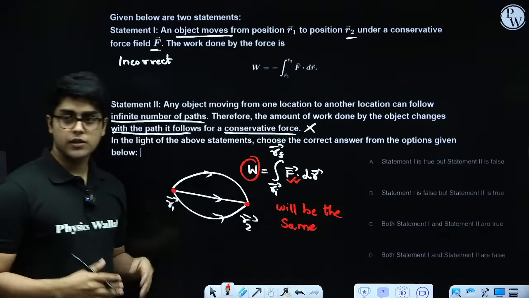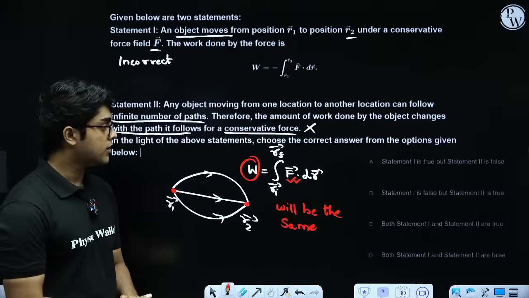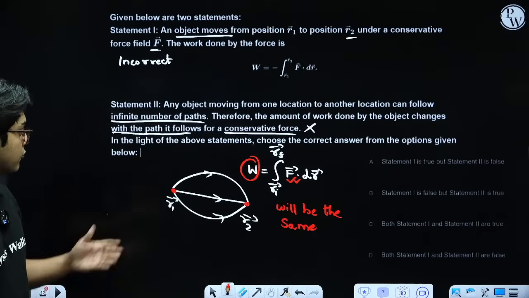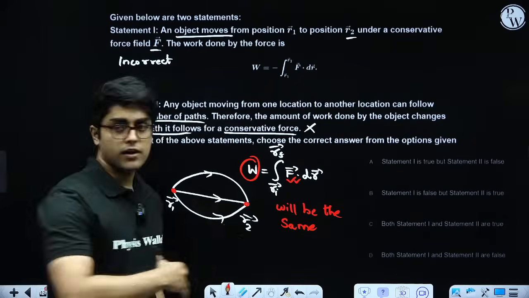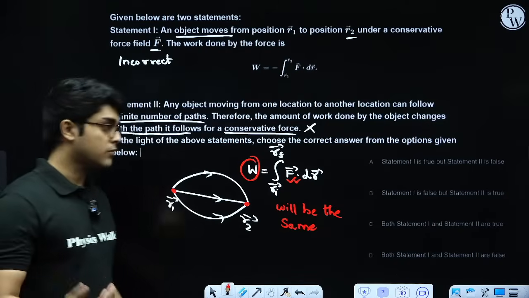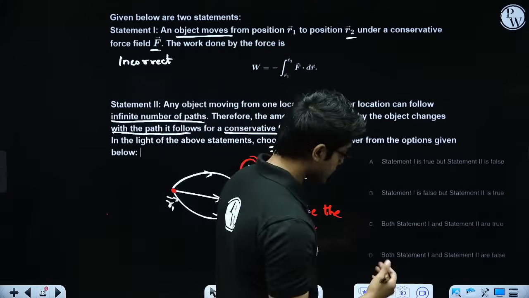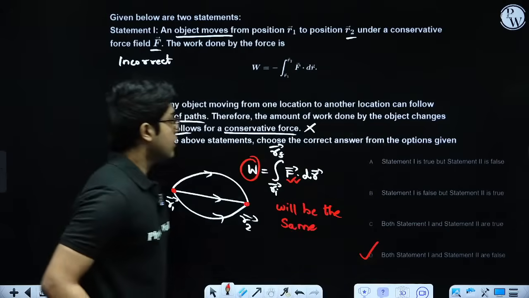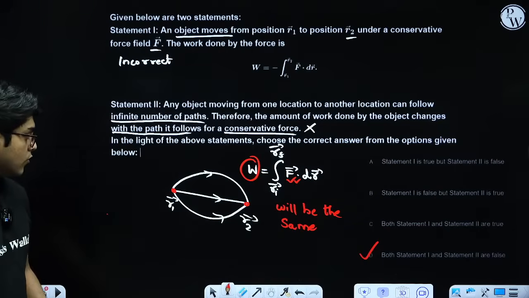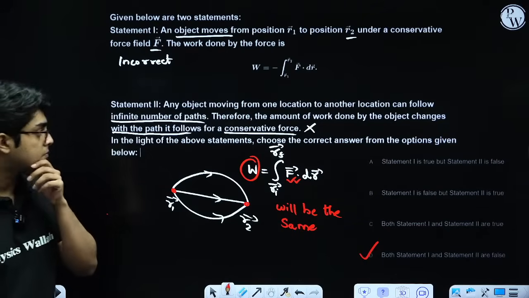So whichever path you choose, the work done will be the same, and therefore the second option is wrong. Second option is saying if you choose different paths, the work will be different. So the answer is both are false. So it will be D option. So I guess that is clear.